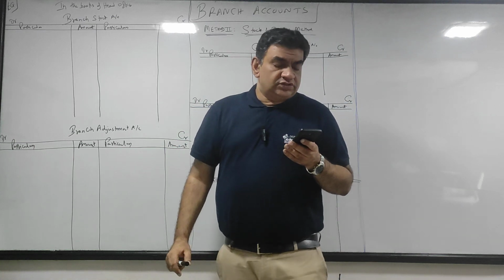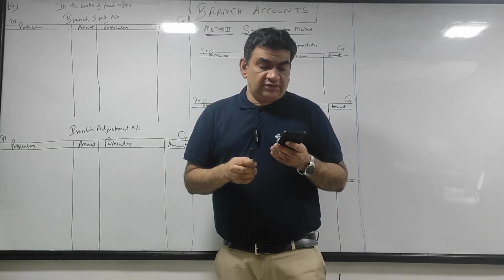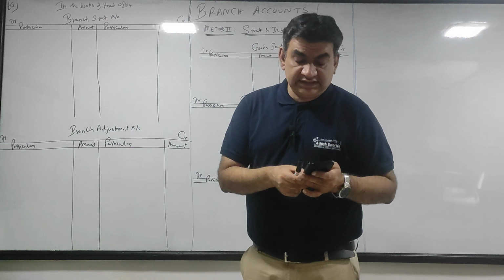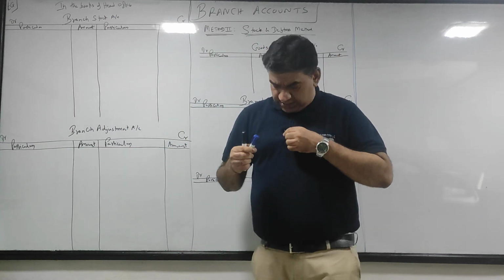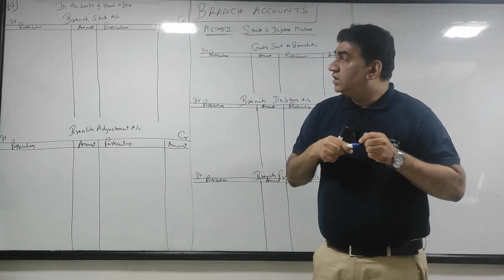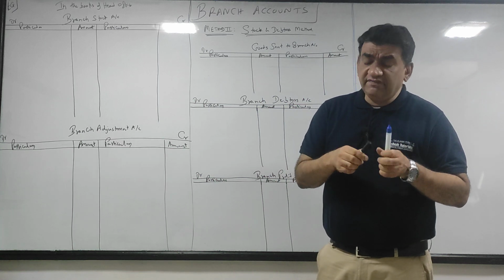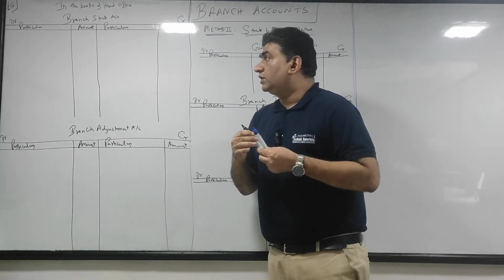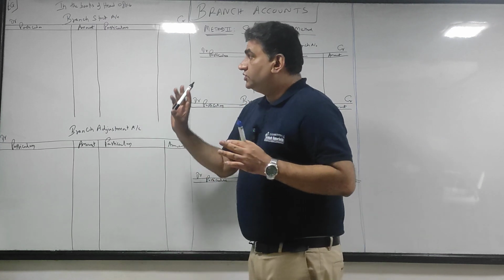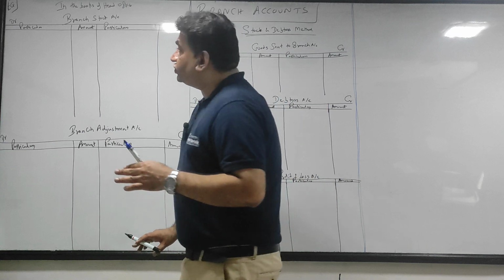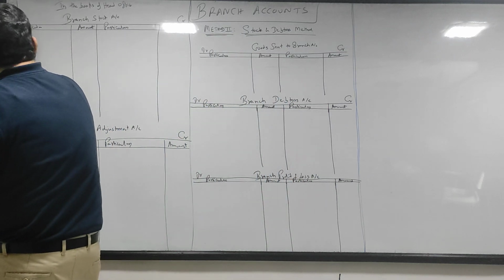First, stock on 1st April 24 at invoice price 186. This is nothing but my opening balance of stock. What I told you, wherever there is any movement of stock, that will come in the branch stock account. So this is opening stock.